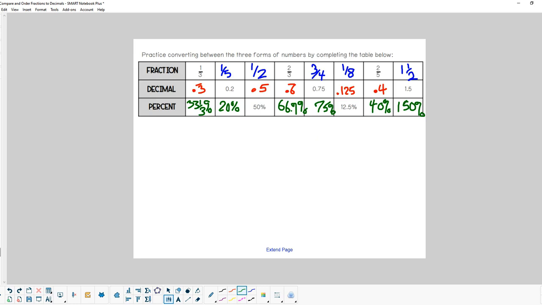And so on and so forth as you go through those numbers. So take a moment, fill those in, and you'll have those to refer to anytime you need to look up the decimal equivalent of a certain fraction or the percent equivalent of a certain fraction.